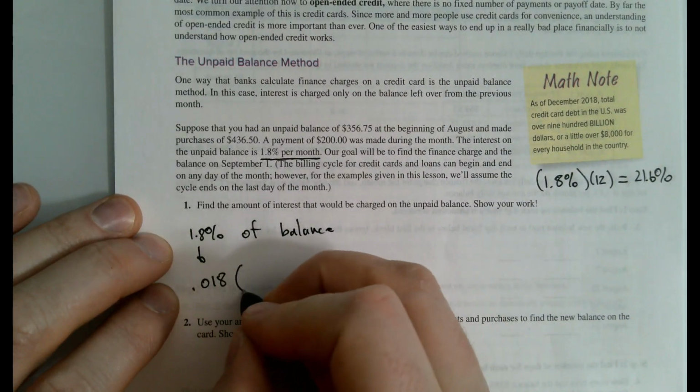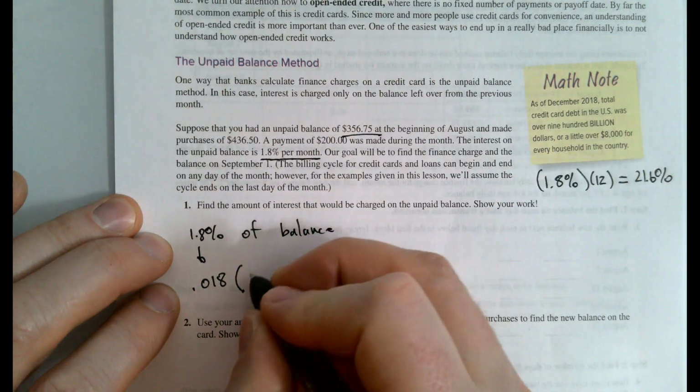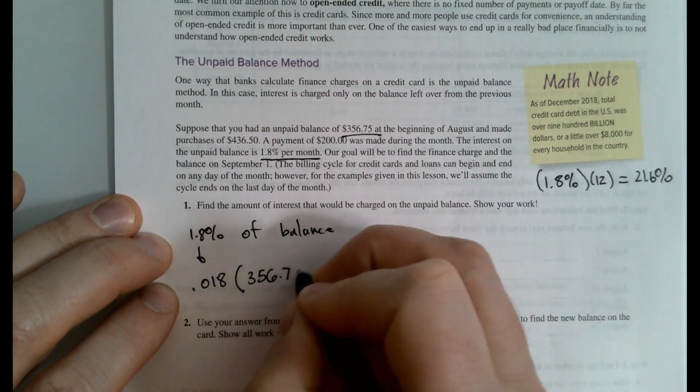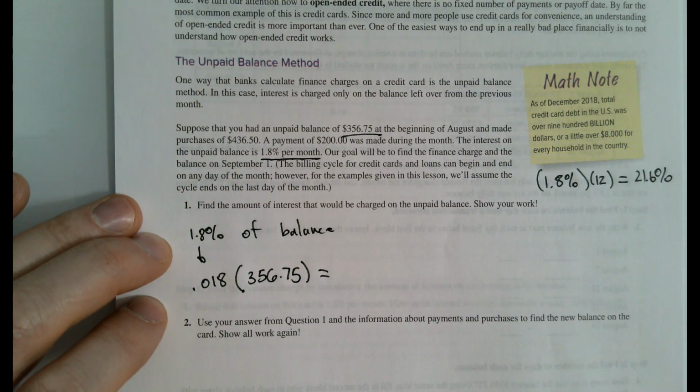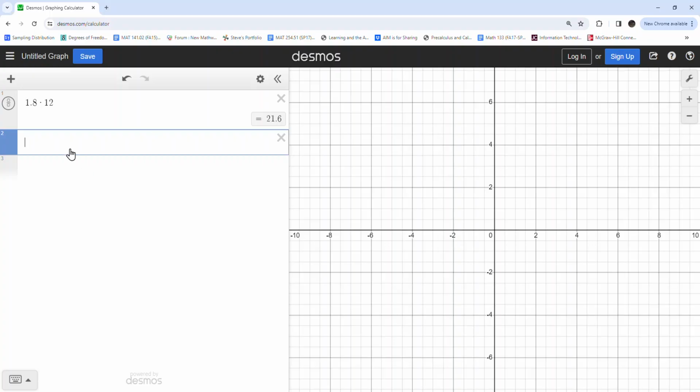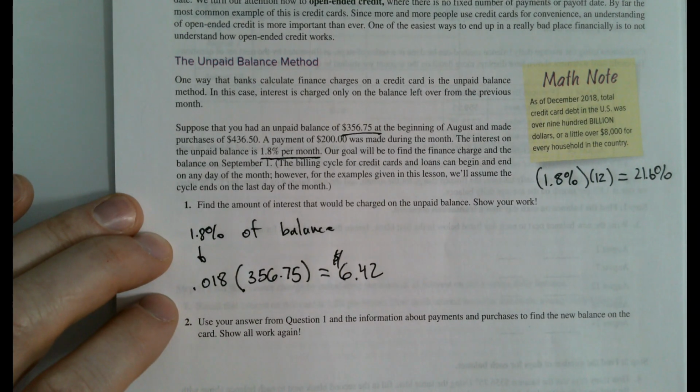Of means multiply, and our balance was this 356.75. So at the beginning of August, the fee is whatever 0.018 times 356.75 comes out to be. We're looking at being charged $6.42. That's going to be added to August's new balance.